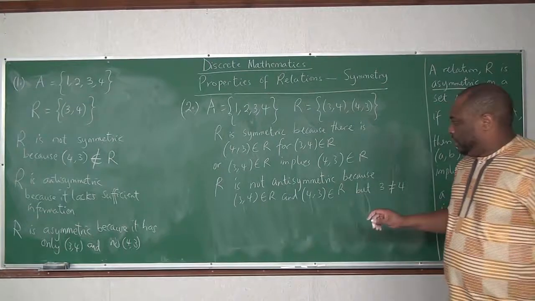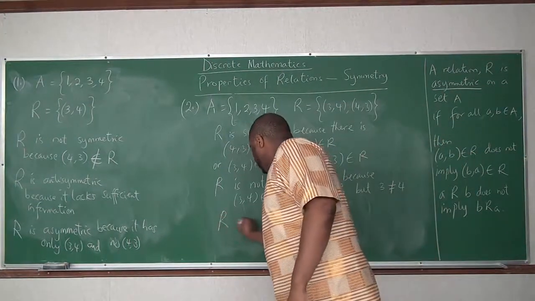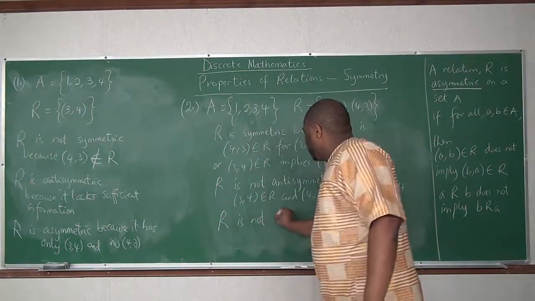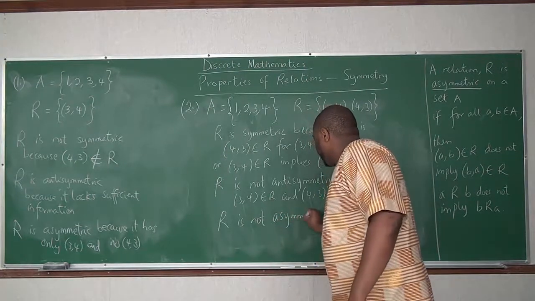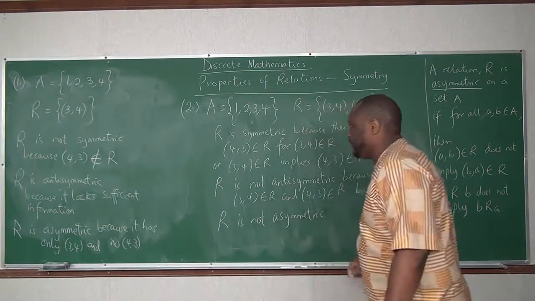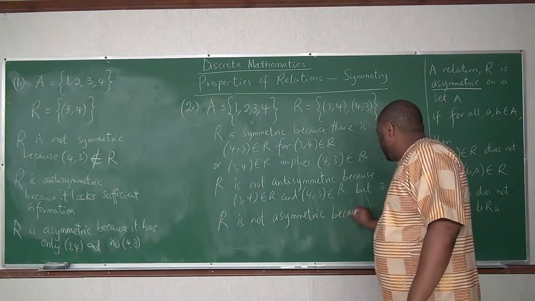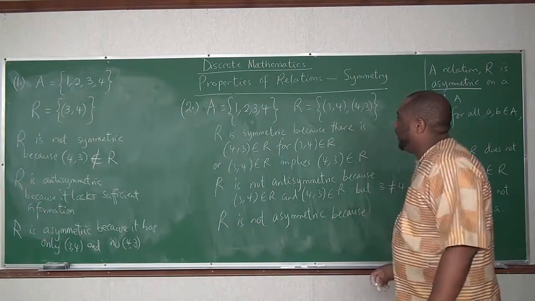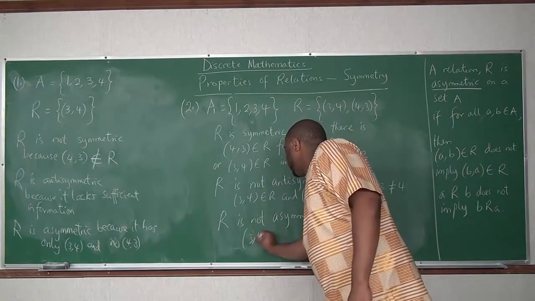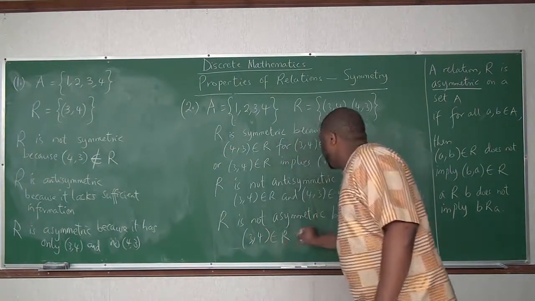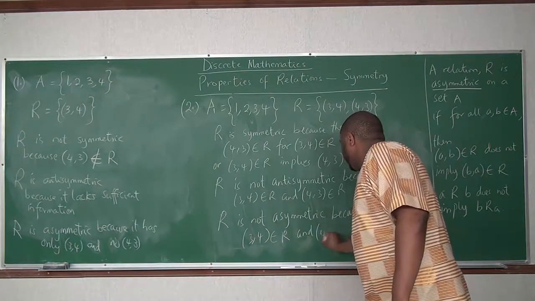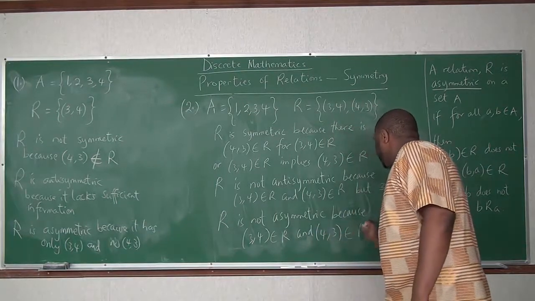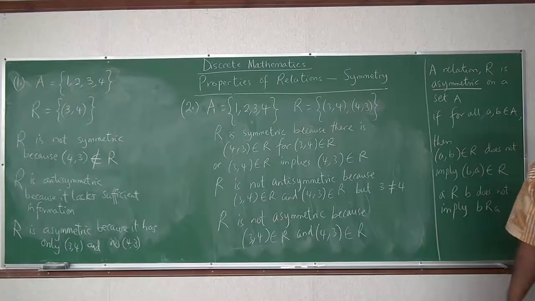So R is not asymmetric because 3, 4 is an element of R and 4, 3 is also an element of R. Therefore, it is not asymmetric. Does that make sense?